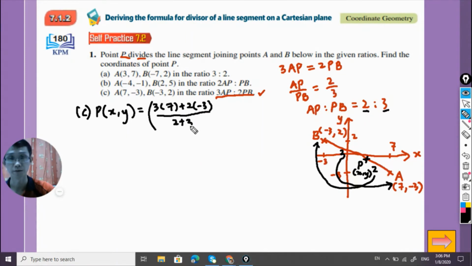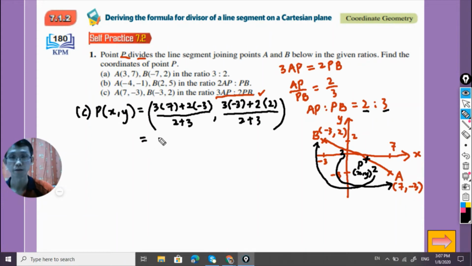Then in the same way you do the process for the coordinate y, where you take n multiply with the coordinate y, -3, plus the value of m to multiply with the coordinate y of the opposite point. So you get over 2 plus 3.